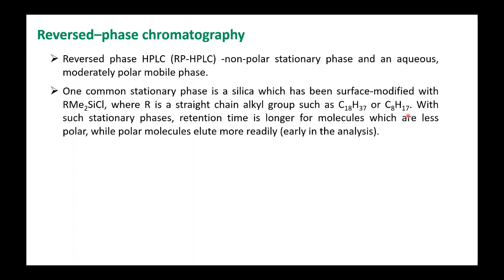So these C18 and C8 hydrocarbons are attached to the silica surface. With such a stationary phase, the retention time is longer for molecules which are less polar. If the molecule is less polar, it will have stronger hydrophobic interactions with this modified stationary phase, and that will move slower, while a polar molecule will leave it more readily.